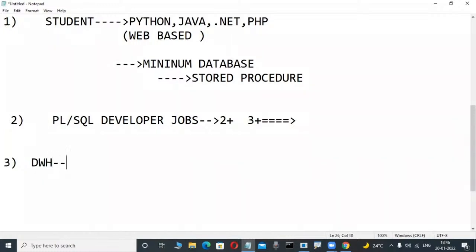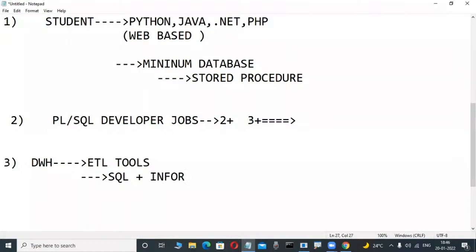In that there are ETL programmers and reporting programmers. Extraction, transformation, and loading, ETL tools. These persons have a little SQL knowledge. PLSQL is not required, SQL knowledge is there. Then they learn the tools in institutes also.